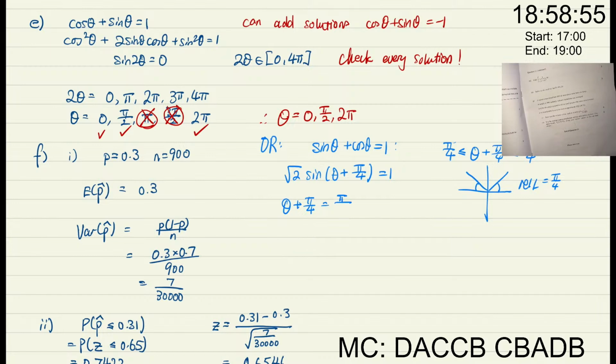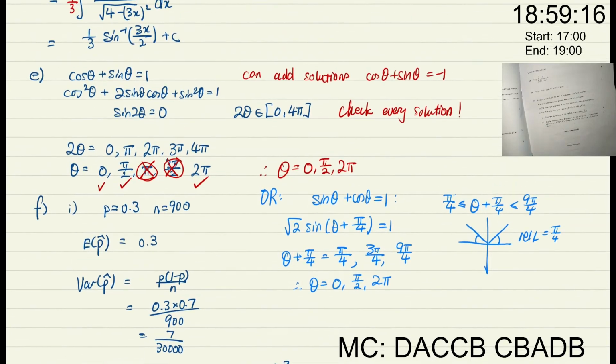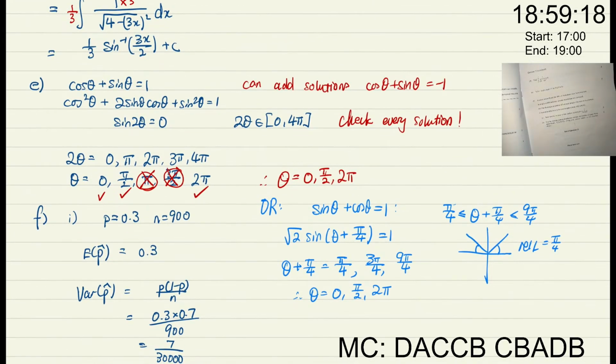So we've got pi on 4, which is in the domain that we set. We've also got 3 pi on 4, and the next revolution of pi on 4, which is 9 pi on 4. And that leads us to theta equals 0, pi on 2, and also 2 pi. So this is clean. If you do that kind of working, you don't need to check every answer because these are all the answers you get.